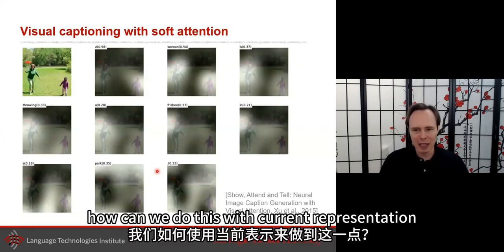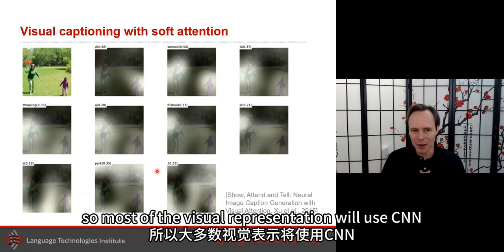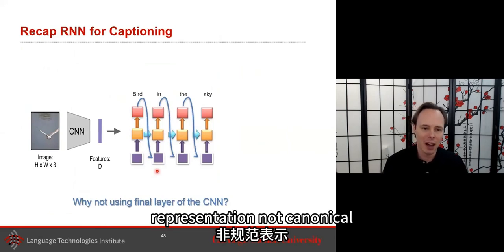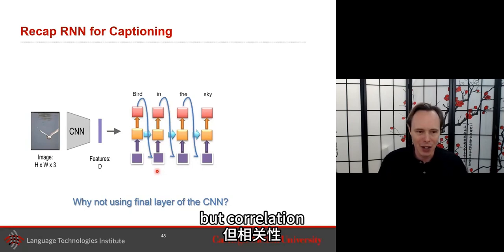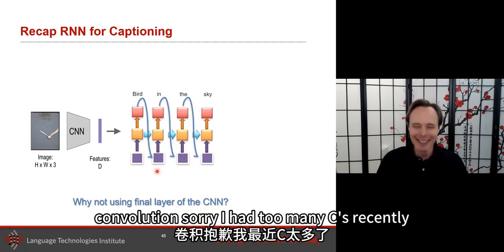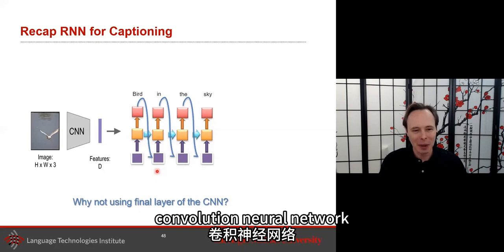But how can we do this with current representations? Most of the visual representations will use CNN representations, not canonical, not correlation, convolution. Sorry, I had too many C's recently. Convolutional neural network.